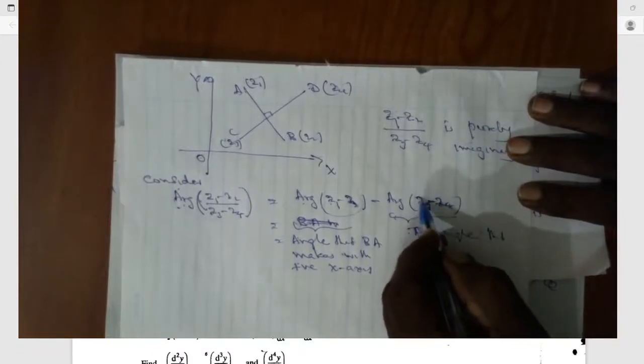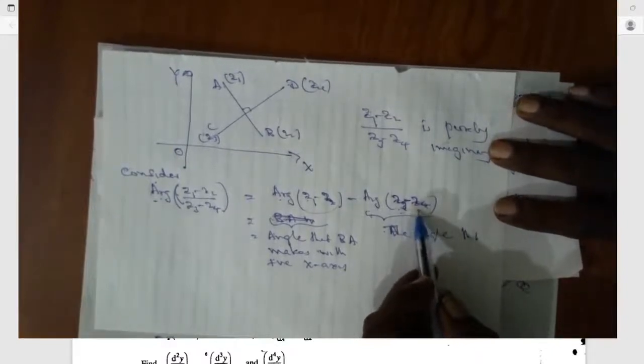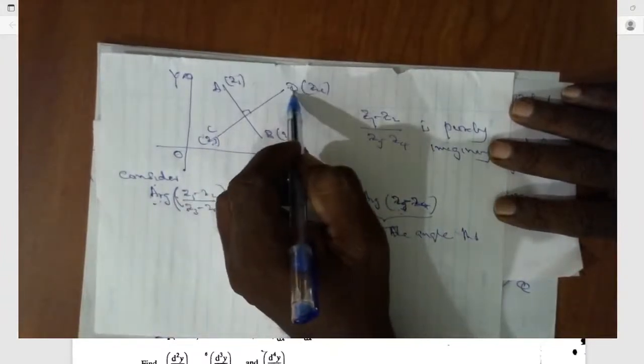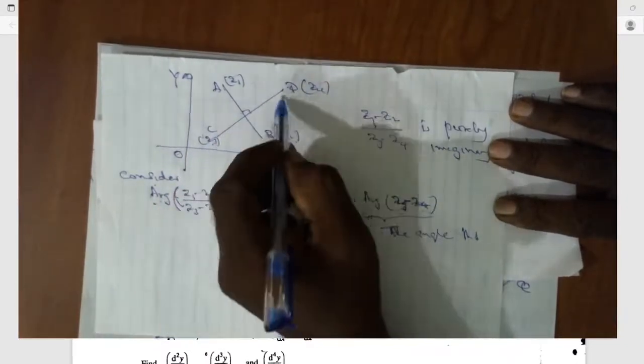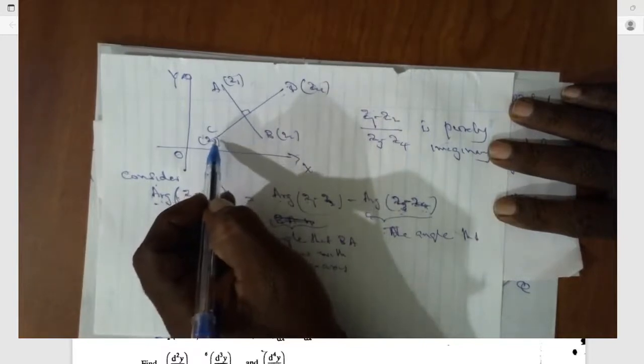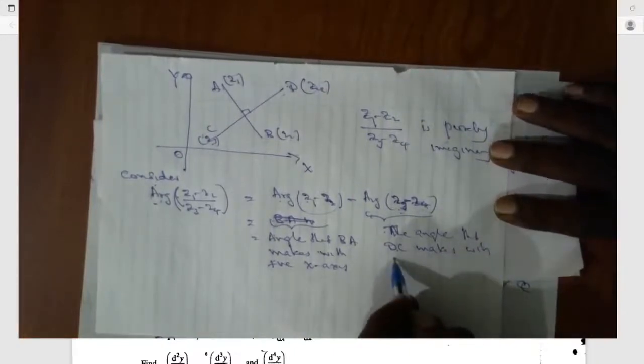Which angle is it? Look at C3 minus C4. We practice this very well. When you say C3 minus C4, the pen moves in this direction, right? You consider the opposite direction. That is the angle that DC makes with the positive x-axis.